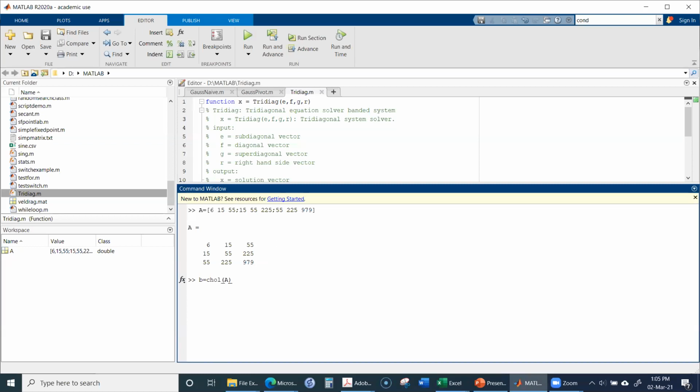Here you can see that I get the upper triangular matrix.